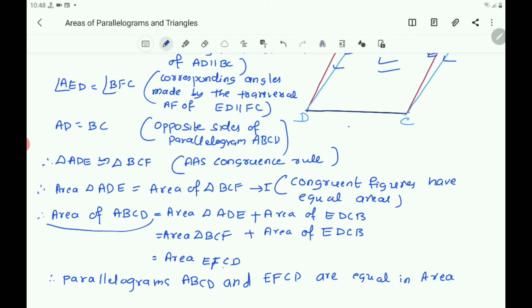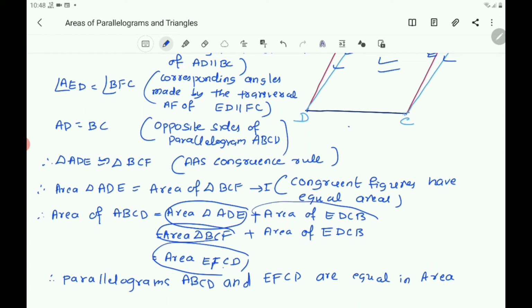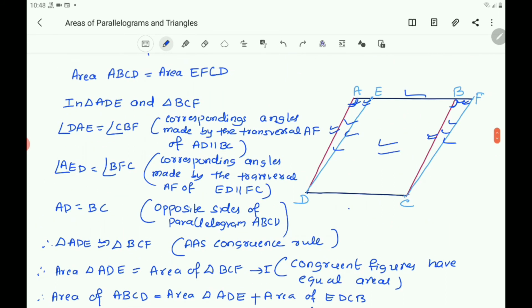Here you started with the area ABCD and you got that equals the area of EFCD because of the congruent triangles and common part. Here the common part is EBCD, and the two triangles are equal in area.